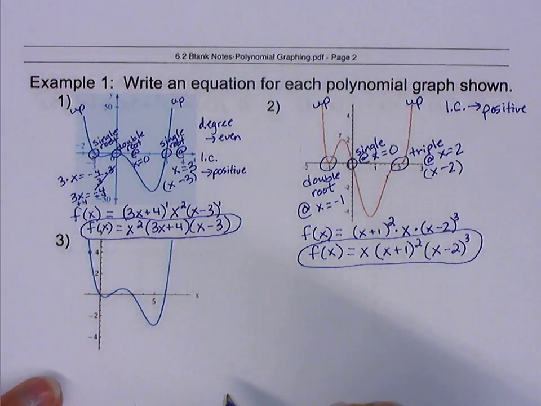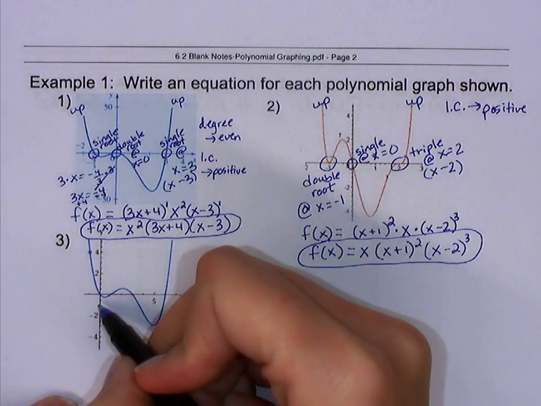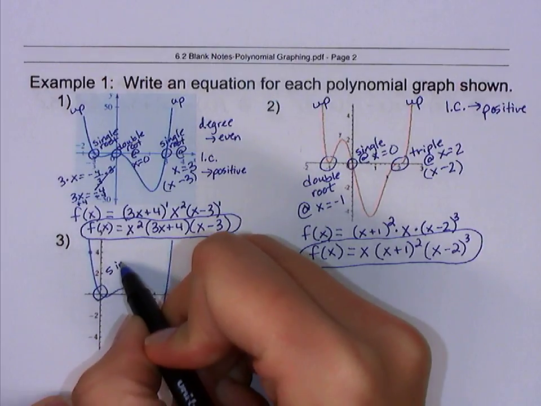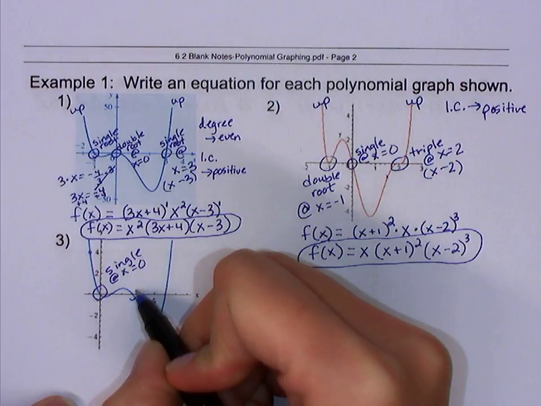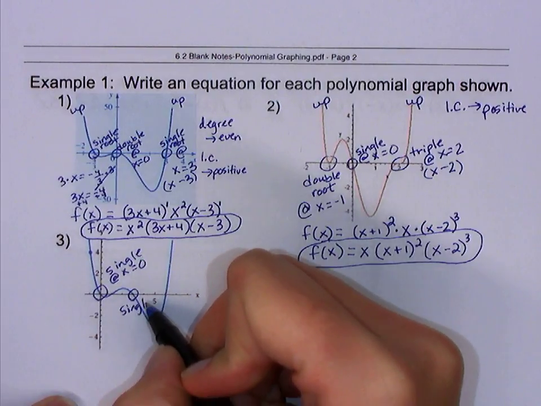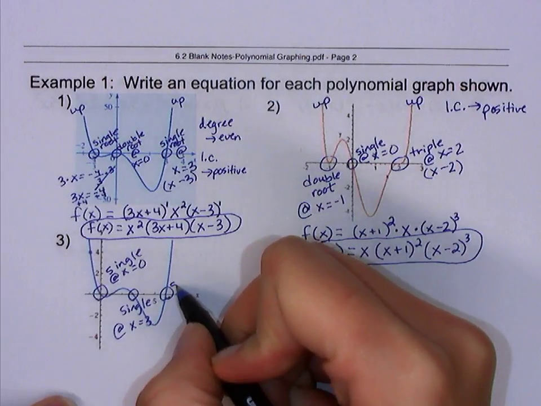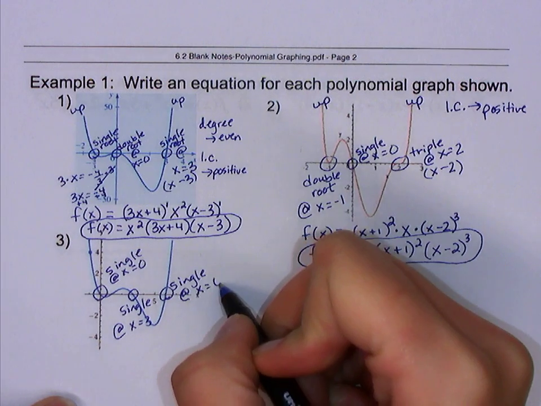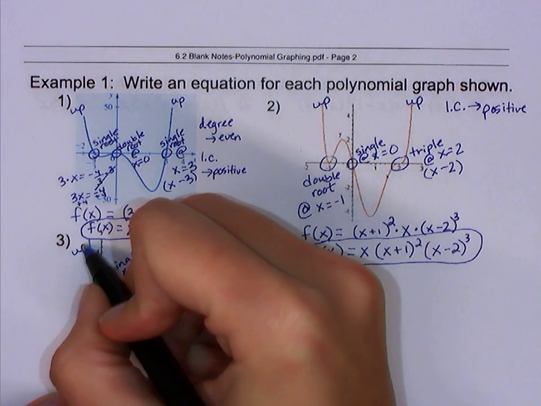Okay, number 3, you have a single. This one goes straight through. Single at 0. This one goes straight through. 1, 2, 3. A single at 3. And that one goes straight through, so you have another single at 6. Unfortunately, I put 3 kind of the same end behaviors.